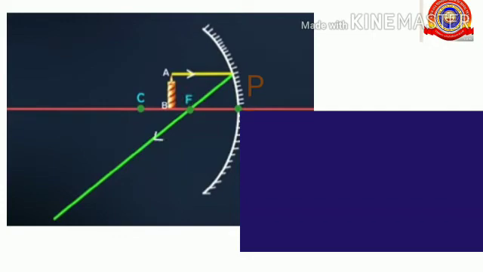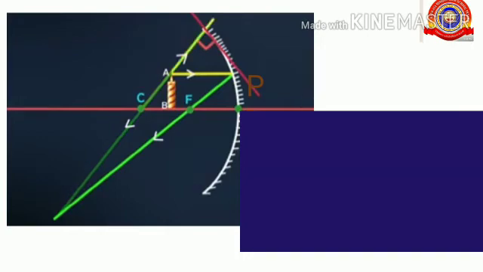And the second ray of light goes through the center of curvature, and both of the light rays meet beyond the center of curvature.